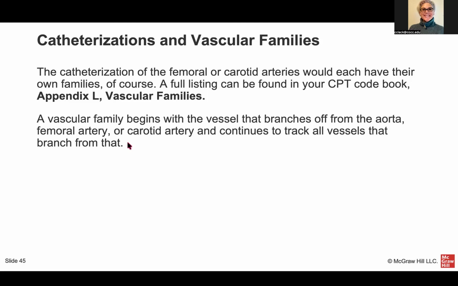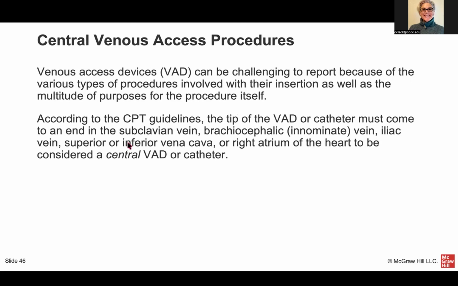Each vessel that branches from that origin vessel is part of the same family. Here's why it matters. First order, second order, and third order catheterizations are coded differently depending on how many vessel branches you navigate to reach your target. If the catheter starts at the aorta and is advanced into a first order branch, one code. If it's advanced further into second order branches, it's a different code. This is a section where having your CPT code book open and your Appendix L bookmarked is really important.